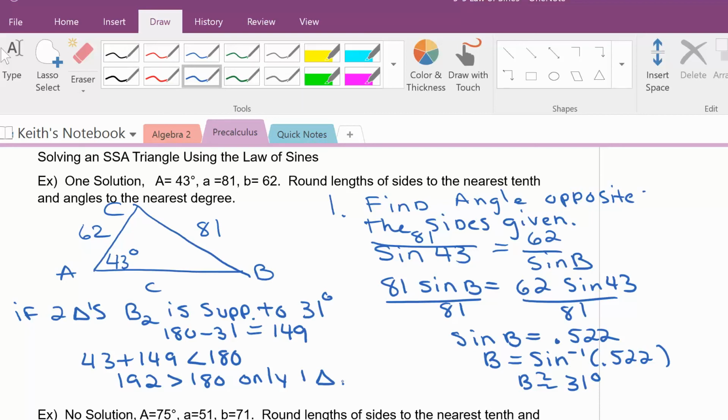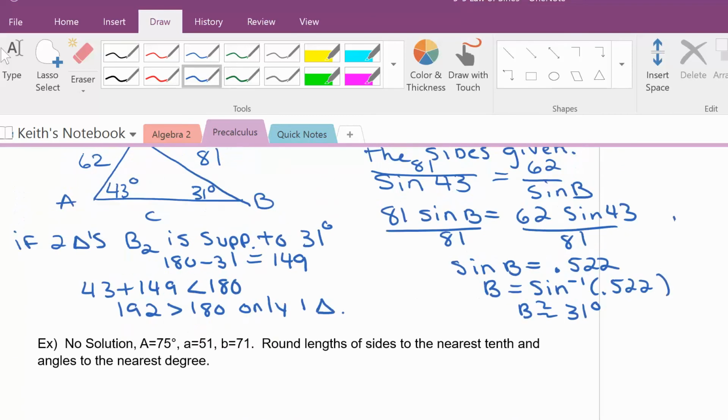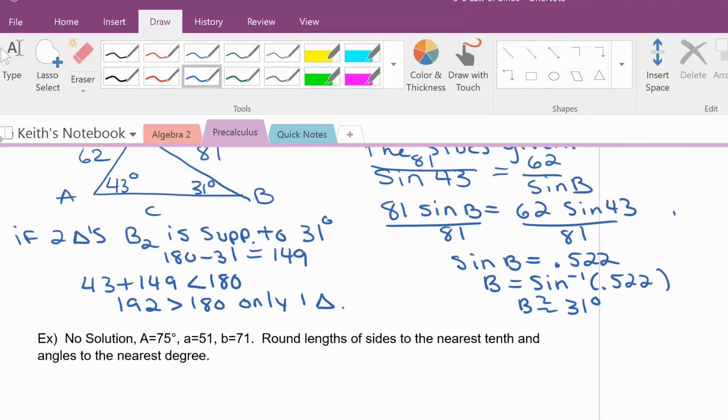Now, the fact that we know there's one triangle, this is 31. We can then find the missing parts. Actually, sorry, we're going to find the angle. So angle C would equal 180 minus 43 plus 31. 180 minus 74 is going to give me 106.